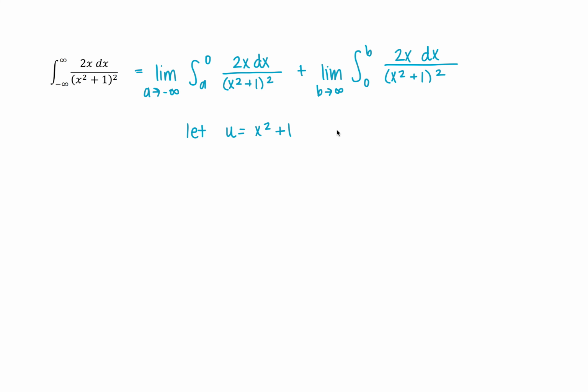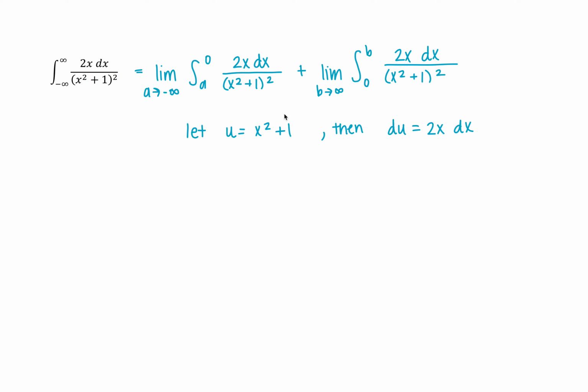And if u is x squared plus 1, then du conveniently is equal to 2x dx. Okay, so you can really see what's going to happen there on the inside of these integrals. I do need to change that value of 0, though, to now match the u substitution.